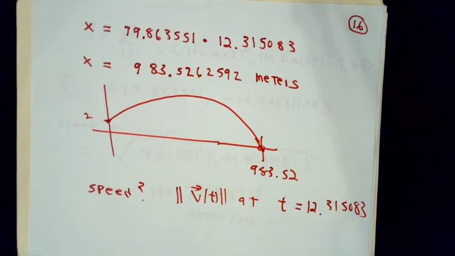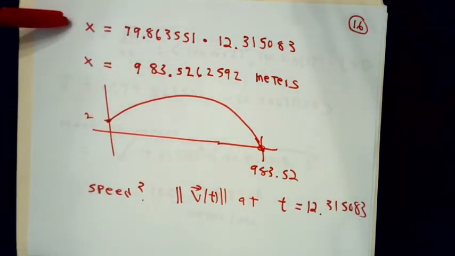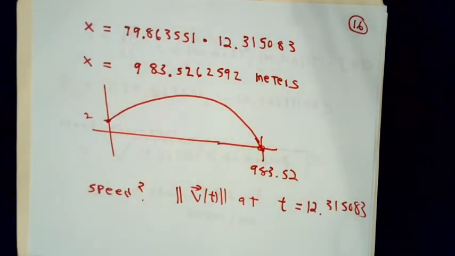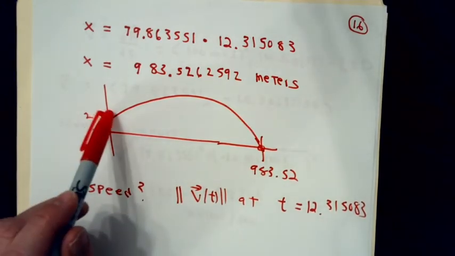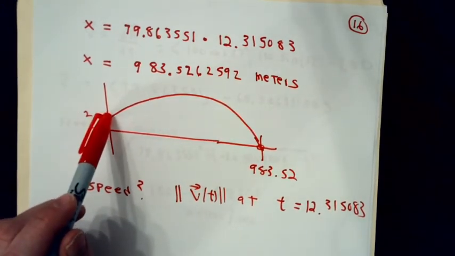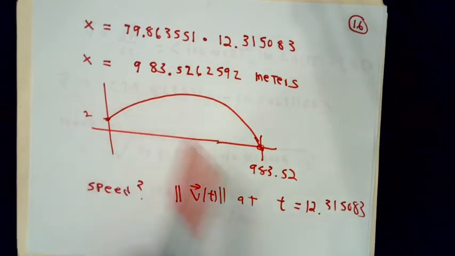Having determined the t value of interest, go back to the formula for x and insert the t value that we found, and you'll find out that the object started off 2 meters above the ground, had its initial velocity vector, magnitude 100, inclination 37 degrees.